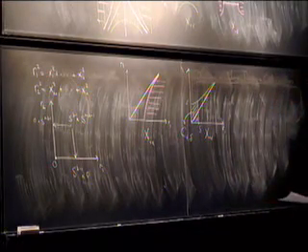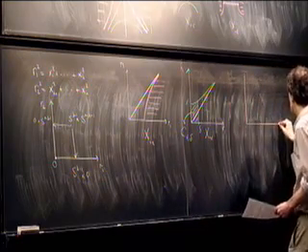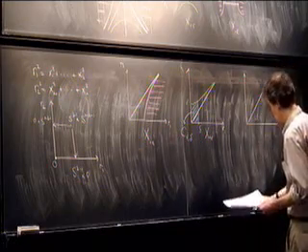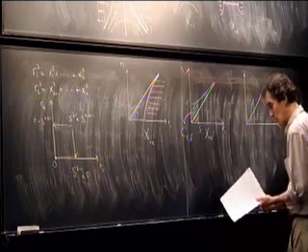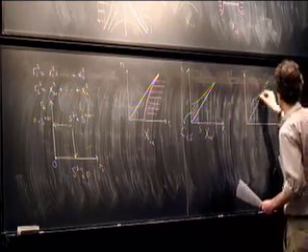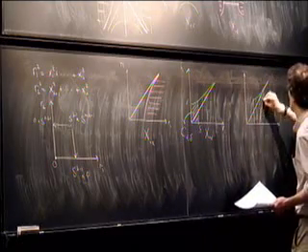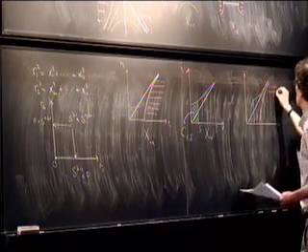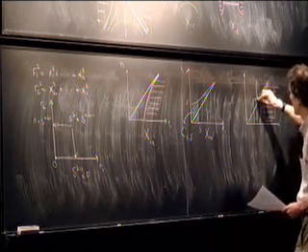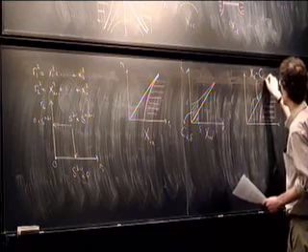Okay. Now, let's observe that this region now here is x sub plus epsilon minus C epsilon delta.